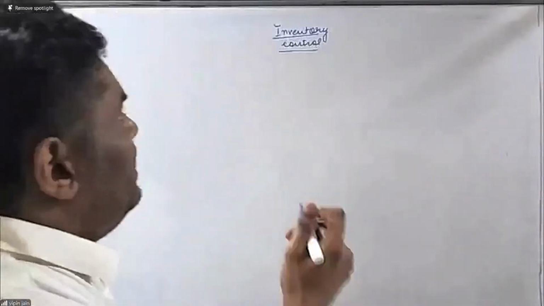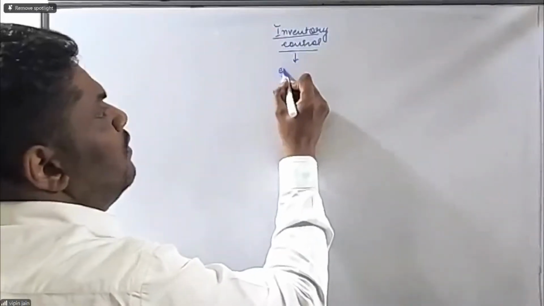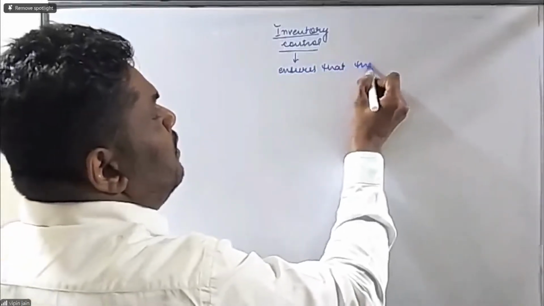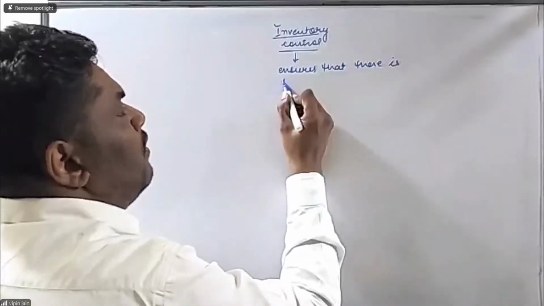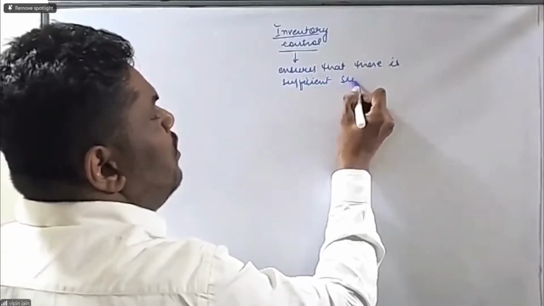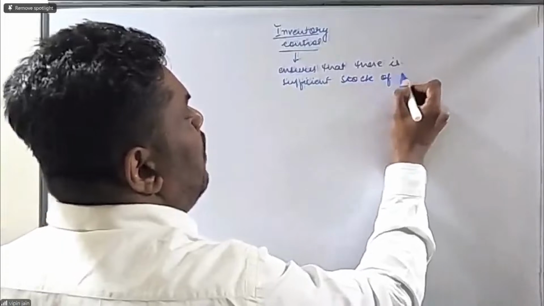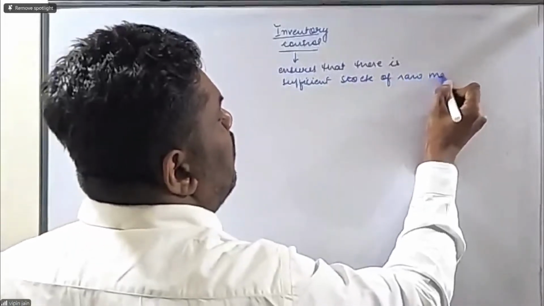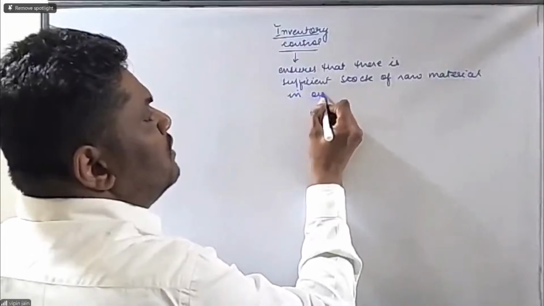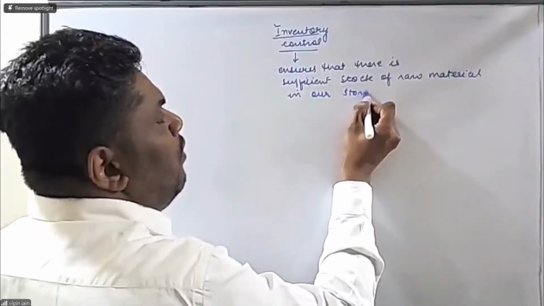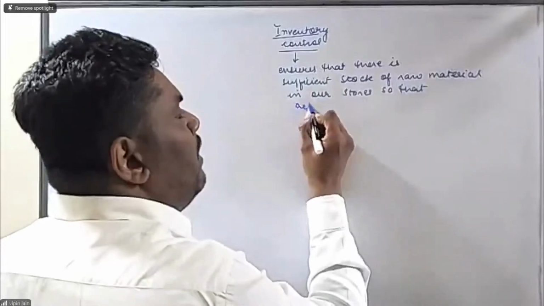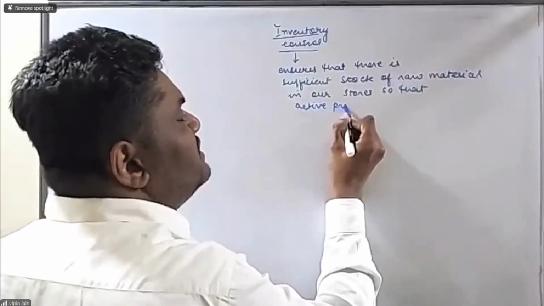So inventory control ensures that there is sufficient stock of raw material in our stores so that active production is not interrupted.